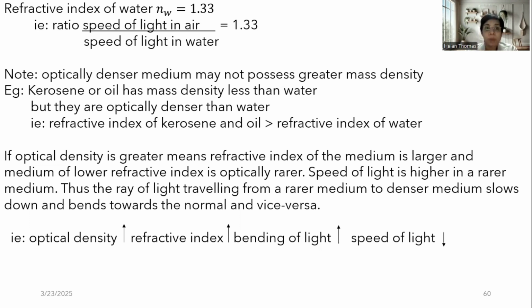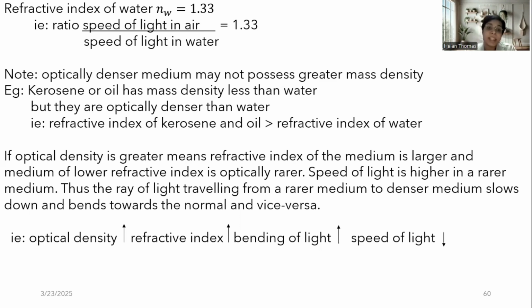If the optical density is greater, the refractive index of the medium is larger. If it is a denser medium, the refractive index is also high, a larger value, and the speed of light will be less.